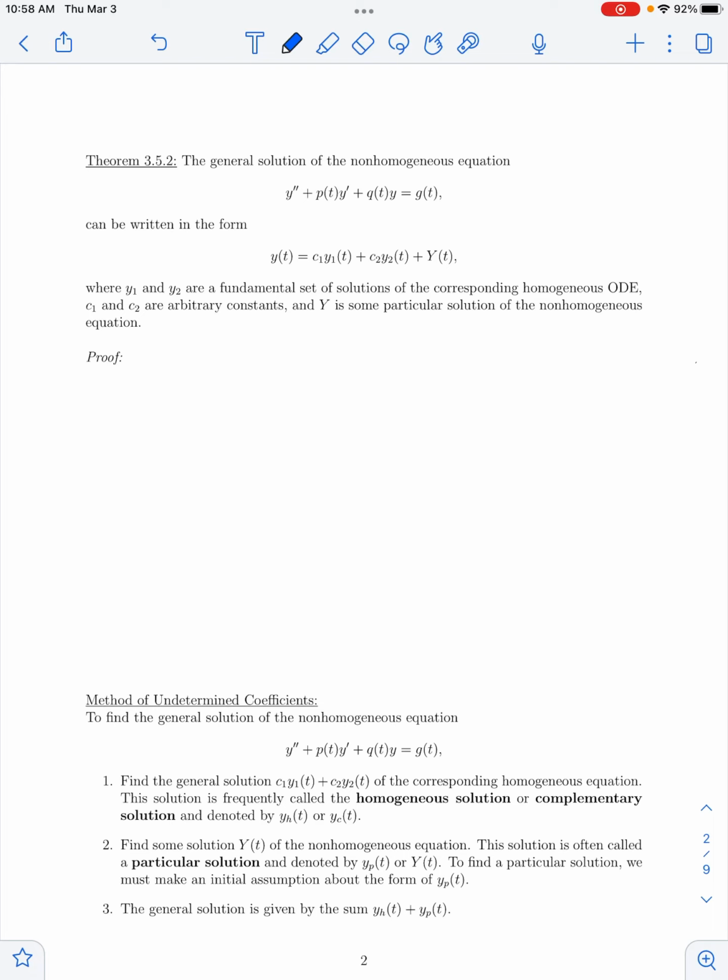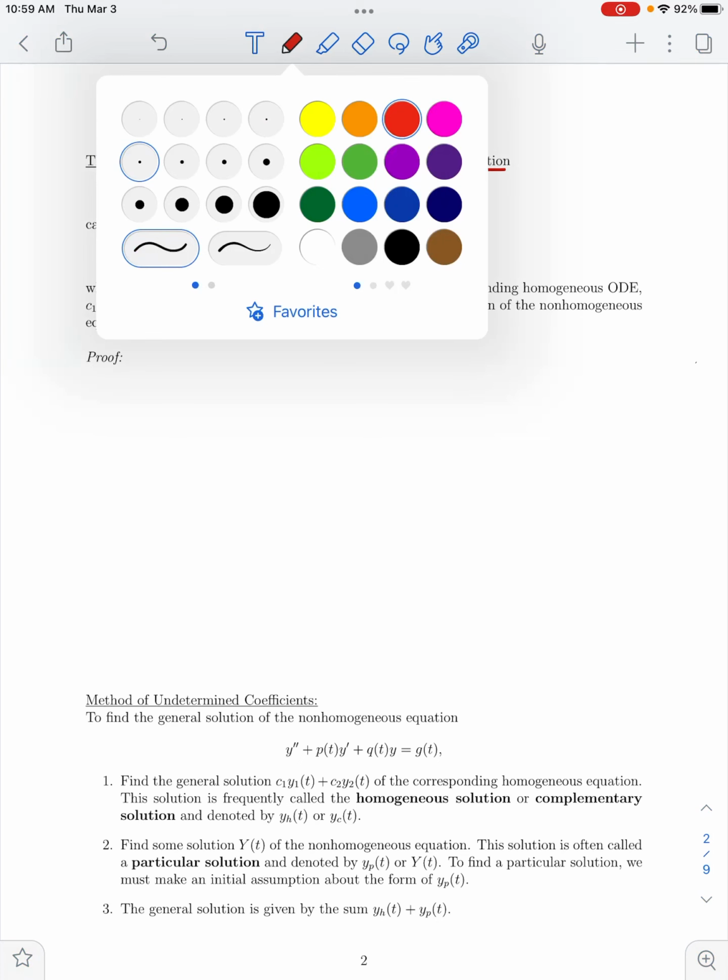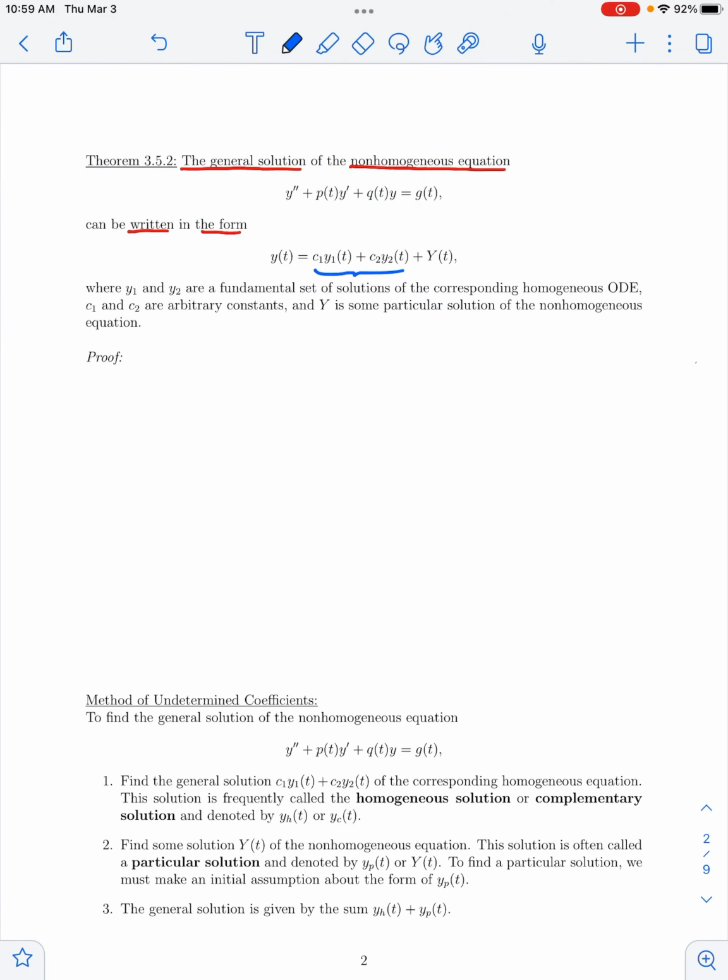This is Theorem 3.5.2 from your text, which says the following: the general solution of the non-homogeneous equation can be written in the form y of t is equal to c1 y1 plus c2 y2, where y1 and y2 are a fundamental set of solutions of the corresponding homogeneous equation, and c1 and c2 are arbitrary constants.